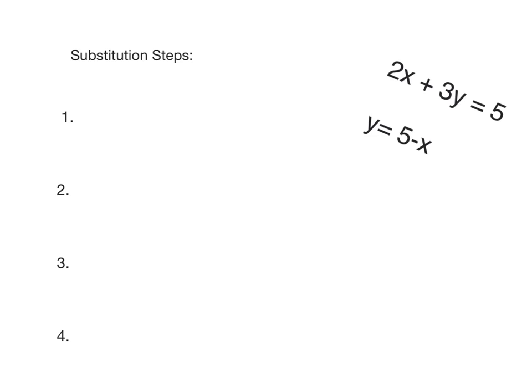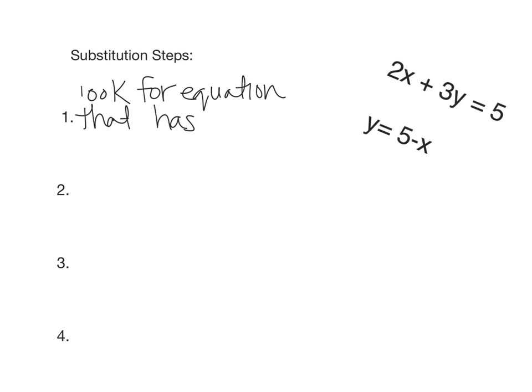Okay, so you're going to look for the equation that has a y equals something or an x equals something. So that would be my y equals 5 minus x.